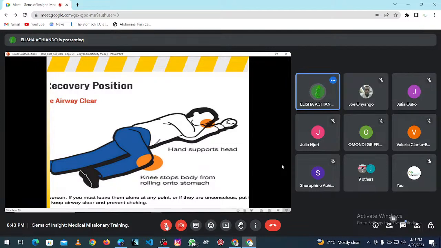Depending on the condition, make sure their airways are open and that they are breathing. If they are not breathing, we'll talk about that condition here. This is called the recovery position. It is very important for every medical missionary to know about it, and it also promotes the ABC process.